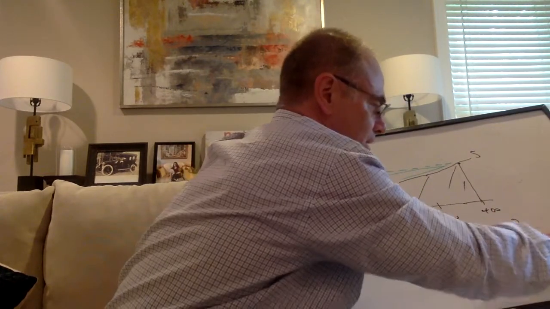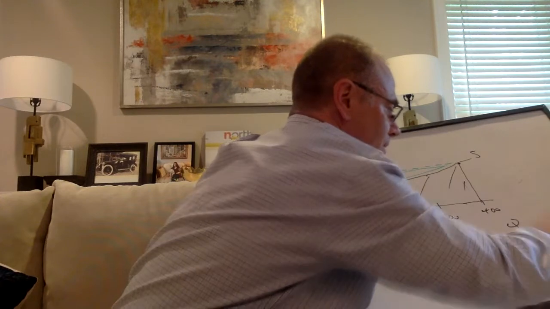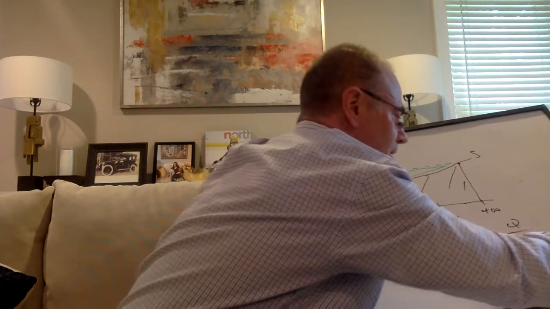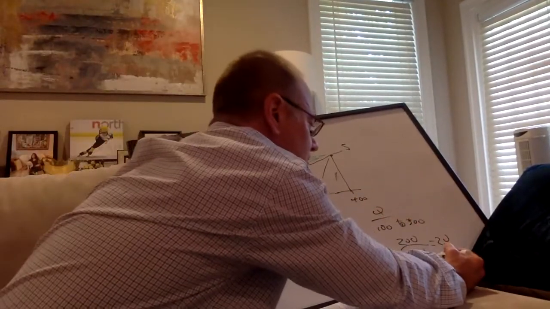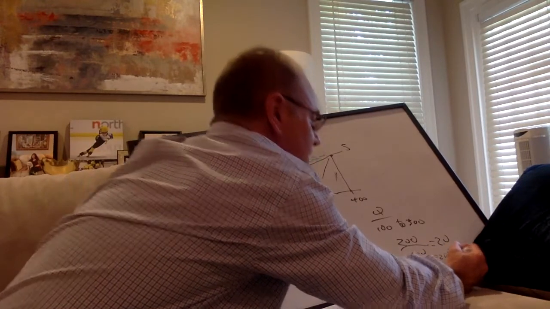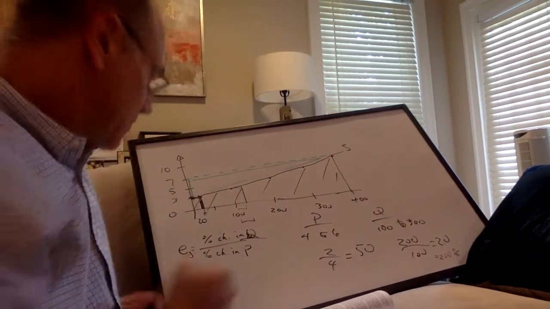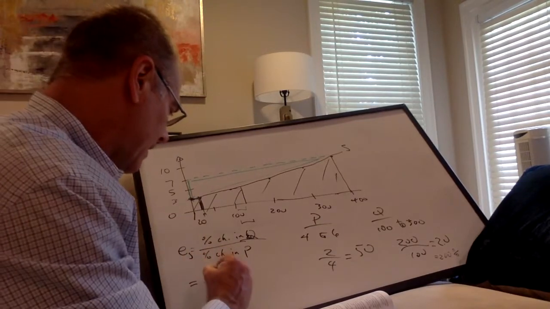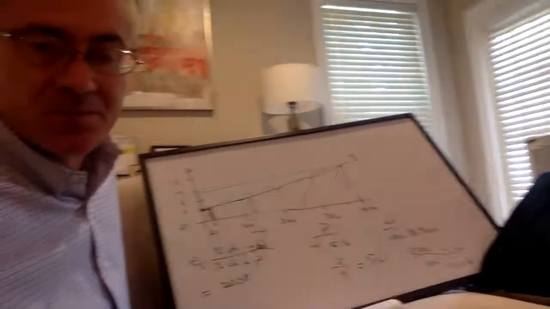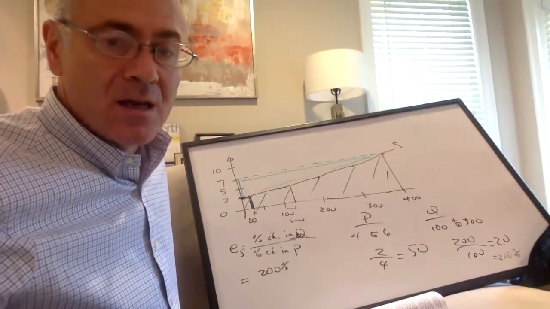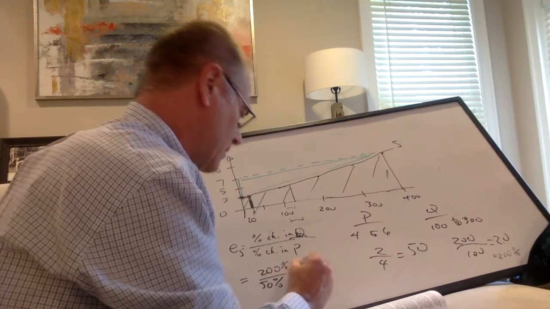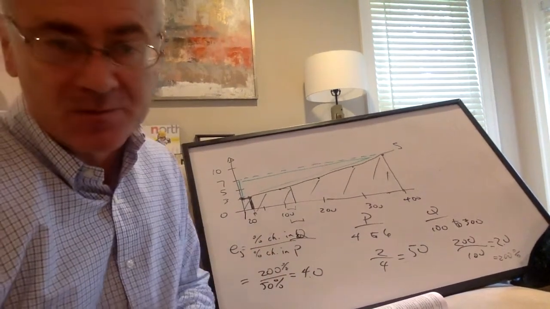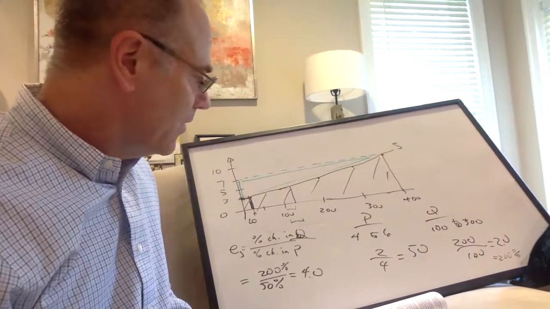Okay, so I get the change is 200 divided by the base 100 equals 2.0, equals 200%. Okay, so the answer, elasticity of supply, is 200% divided by 50% equals 4.0. Okay, so that would be the answer on the exam.